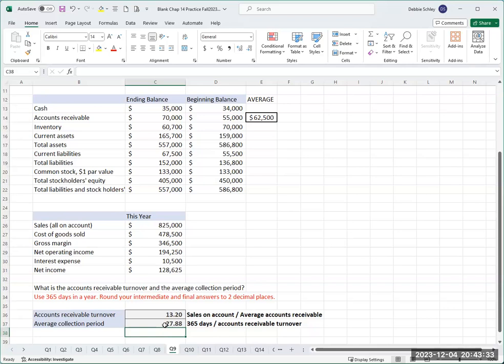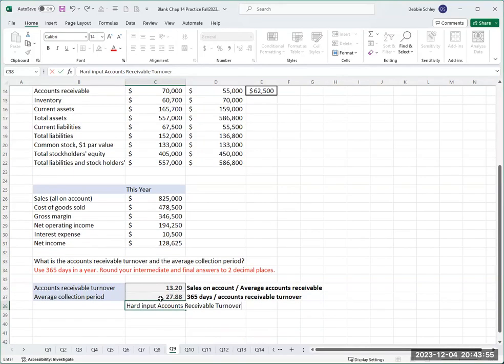So, okay, I'm going to go out on a limb here because that's not quite the right answer. So let's see what happens if I, instead of referencing this cell, put in 13.20. Oh no, that's still the same answer.